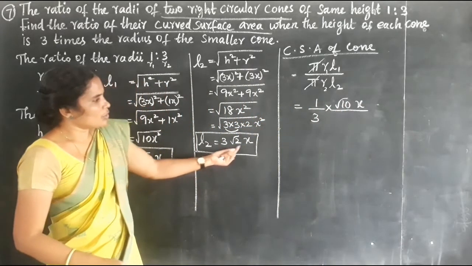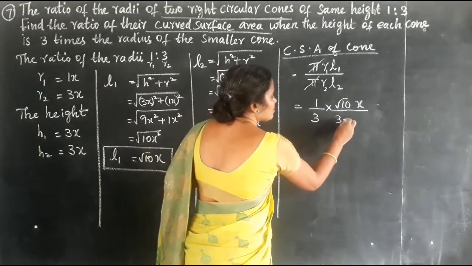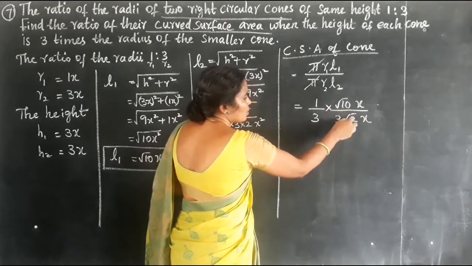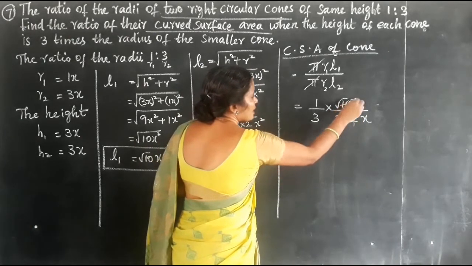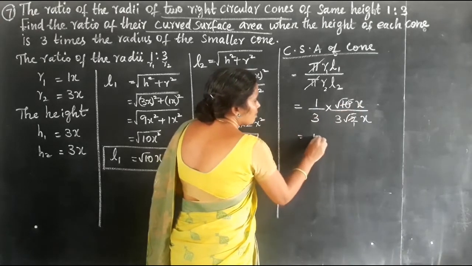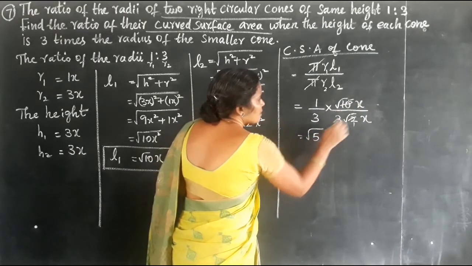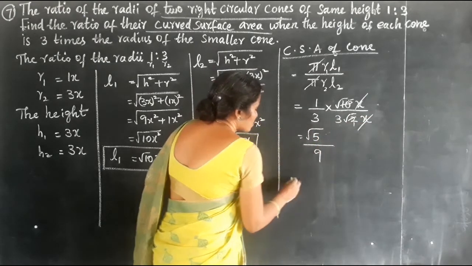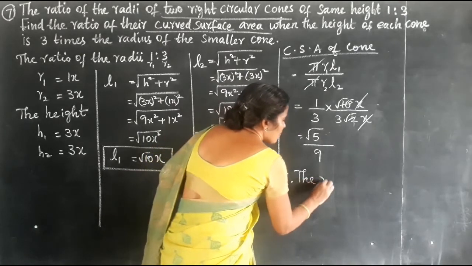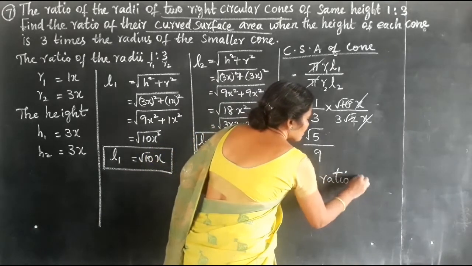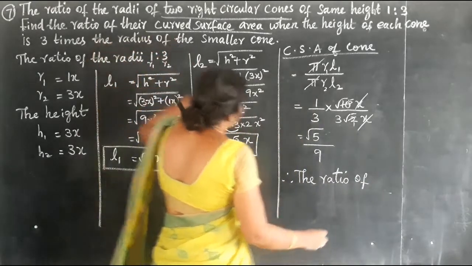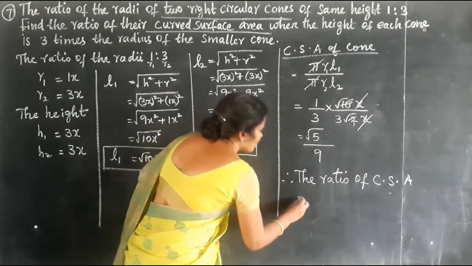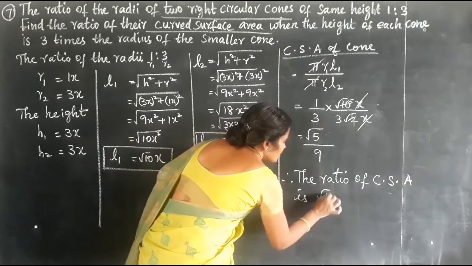L2 is 3 root 2x. Okay, now as both are in root, we can cancel: 2 1s are 2, 2 5s are 10. So 1 into 5, root 5. So x cancels. Here 3 into 3, 9. So therefore the ratio of the curved surface area is root 5 is to 9.